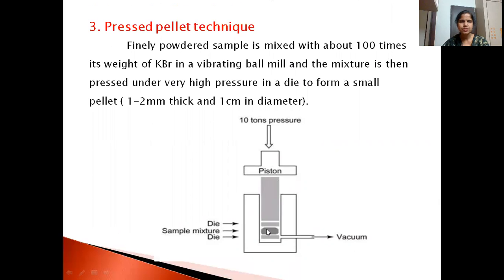When you press it under high pressure, it gives rise to pellets. Those pellets will be around 1 to 2 millimeters thick and 1 centimeter in diameter. We can convert the sample into pellets this way.